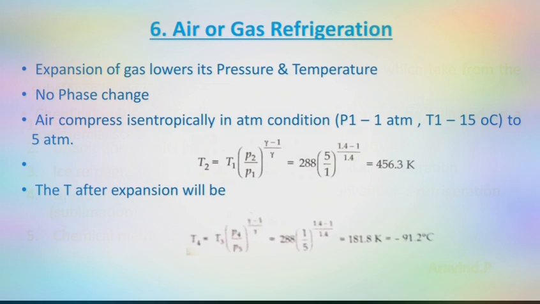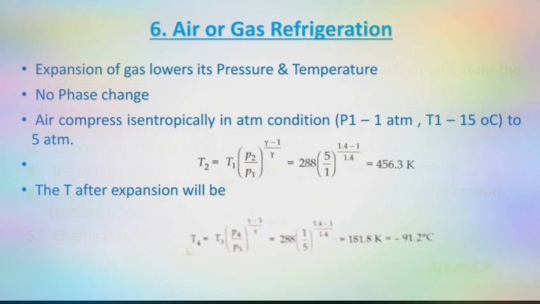The compressed air may next be cooled to the initial temperature of 15 degrees centigrade in a heat exchanger without any loss of pressure. At this stage, point 3, the temperature is 288 Kelvin and the pressure is 5 atmospheres.